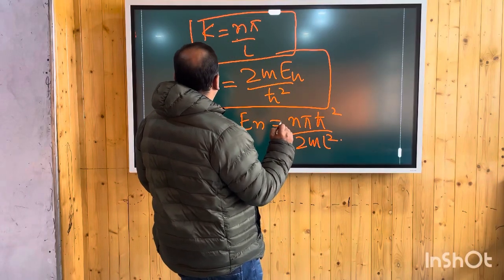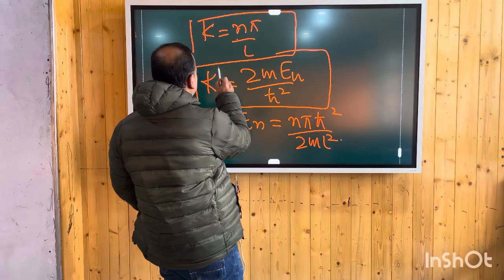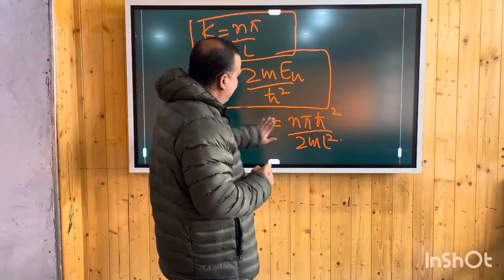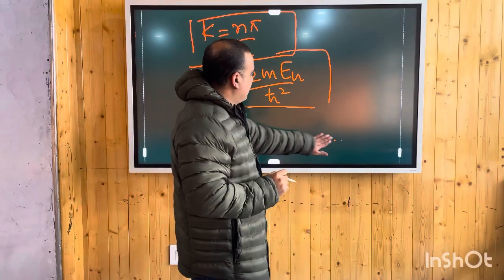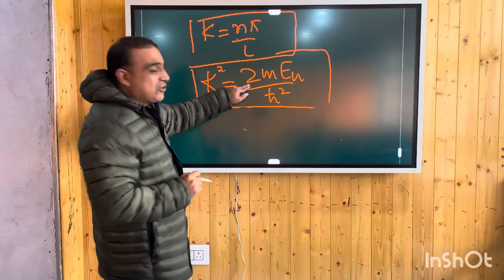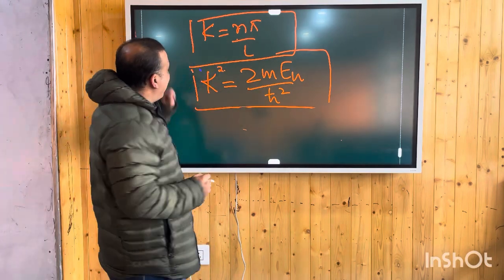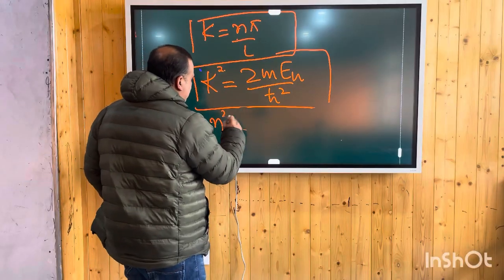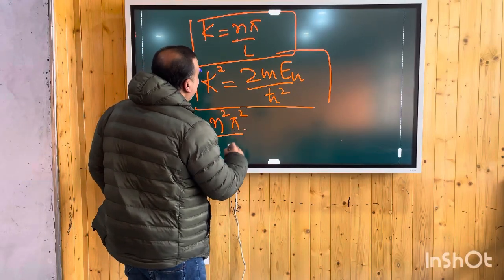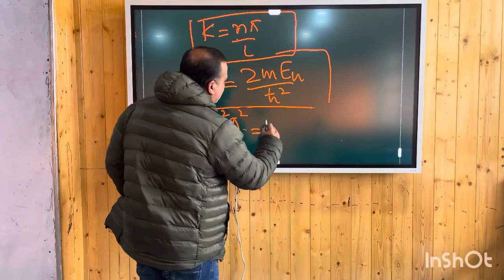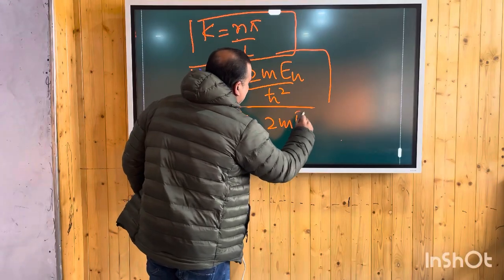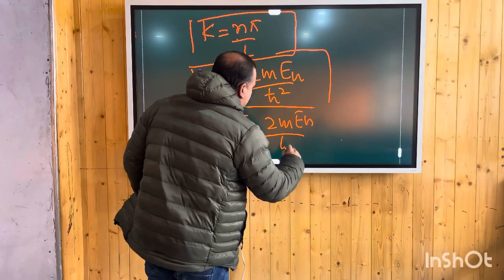Now this is k square. K square is equal to 2m En by h bar square. So for k square, I will use n square pi square by L square is equal to 2m En by h bar square.